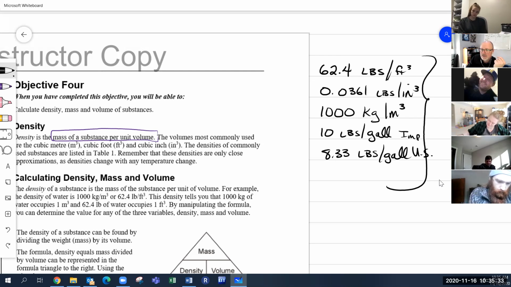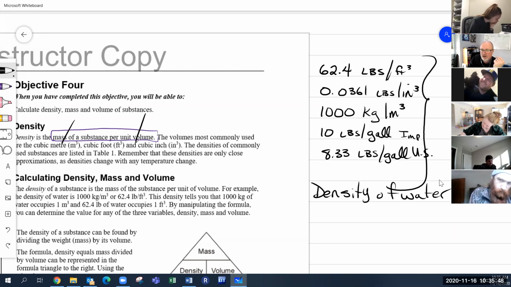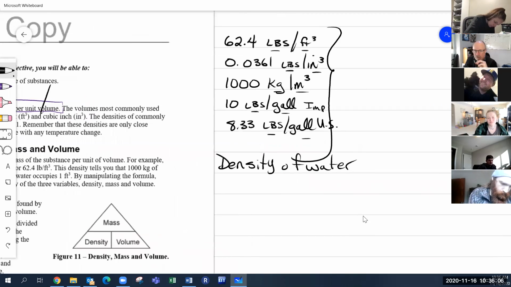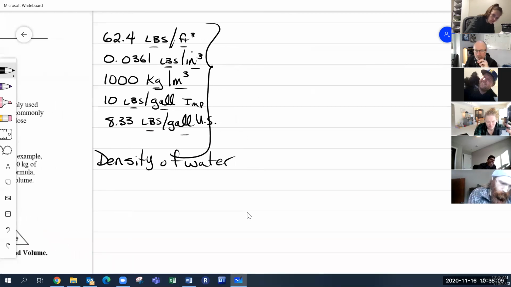So these are by definition densities of water. Density by definition is a mass per unit of volume. Look at mass, volume, mass, volume, mass, volume, mass. A gallon is a volume. This is by definition densities of water. Okay, so that's what those are right there.